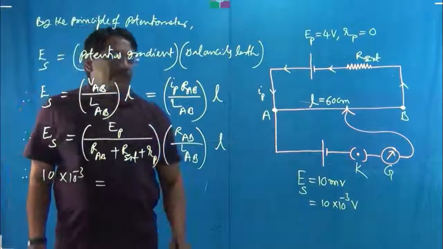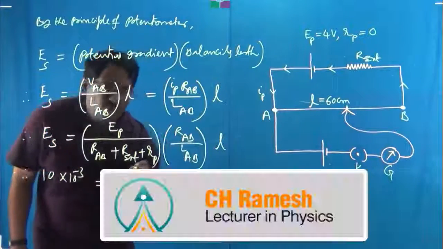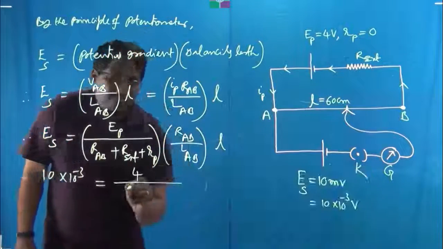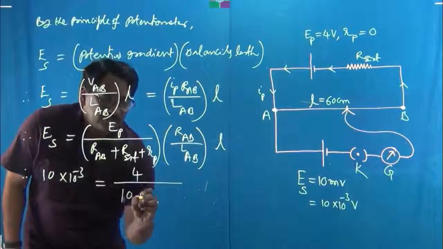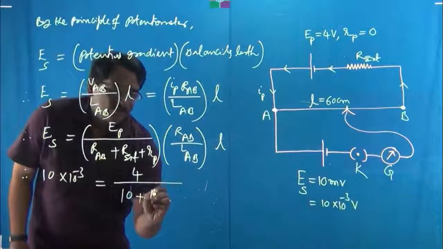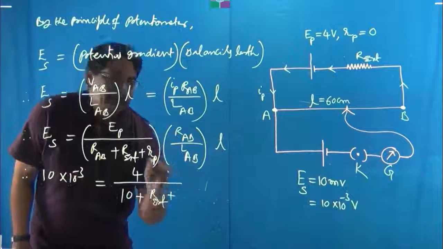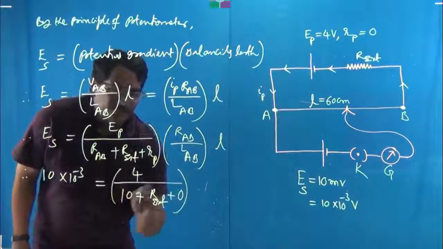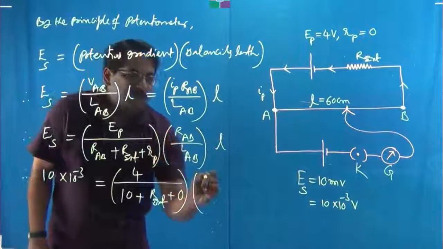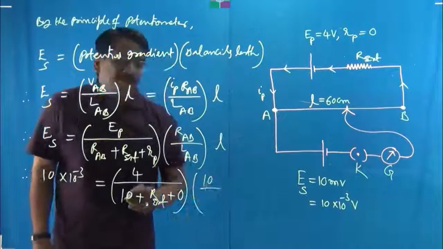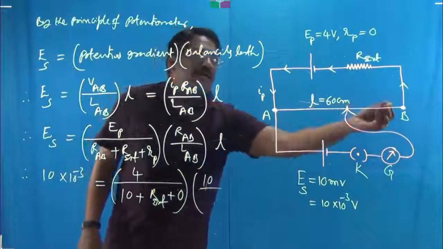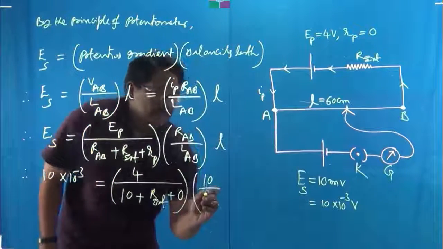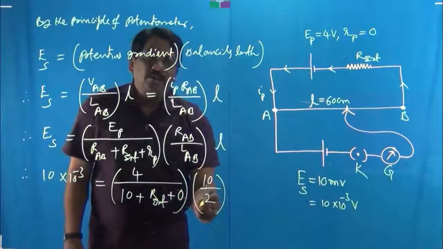This is equal to, what is E primary value? 4 volts divided by R of the wire AB, which is given as 10 ohms, plus R external, that's to be determined by us, plus internal resistance of the cell which is 0, into, again R of AB is 10, divided by length of the wire, which is given as 200 centimeters. So here let's write in meters, that is 2 meters.